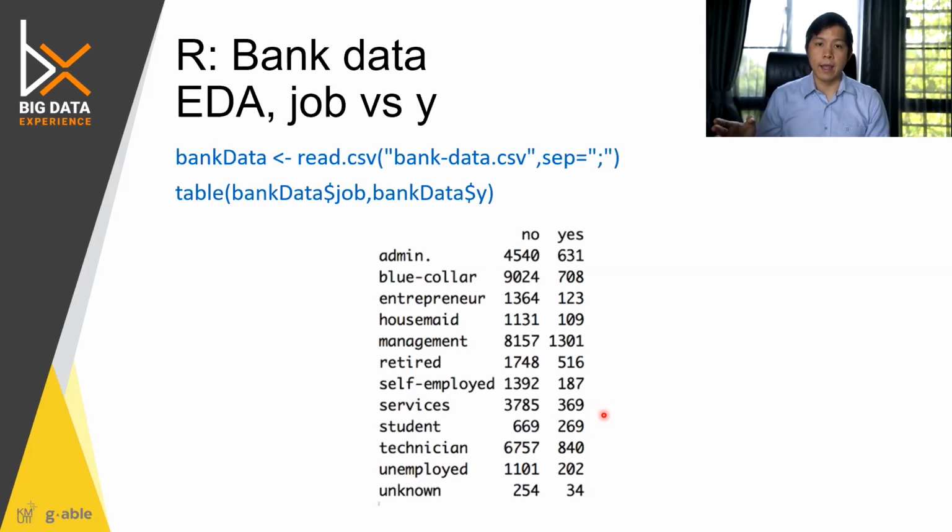We have Y here as the output, the response, whether customers would respond by accepting the long-term deposit plan or not, right? And then we have the predictor X as job here, and we're trying to see the distributions in terms of job versus accepting and not accepting.